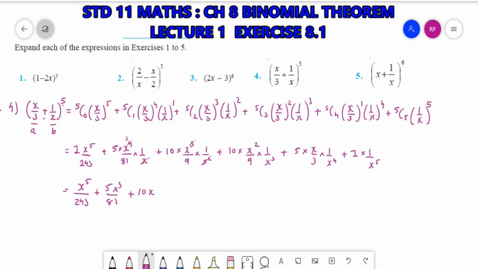So plus 10x by 9 plus, okay, here x will be remaining in the denominator, 10 by 9x plus, here in the denominator it will be x cube, so 5 by 3x cube plus 1 upon x raised to 5. So this was about question number 4. Just note it down.